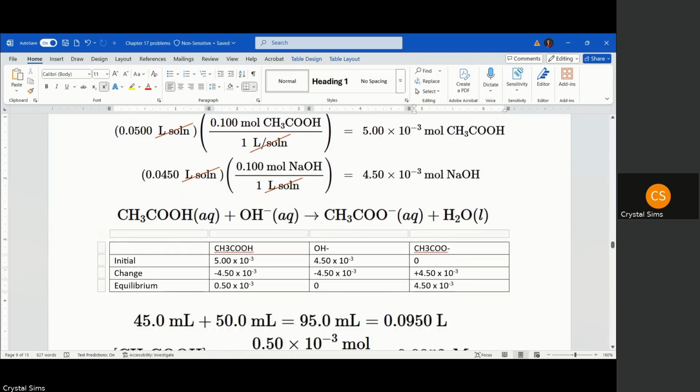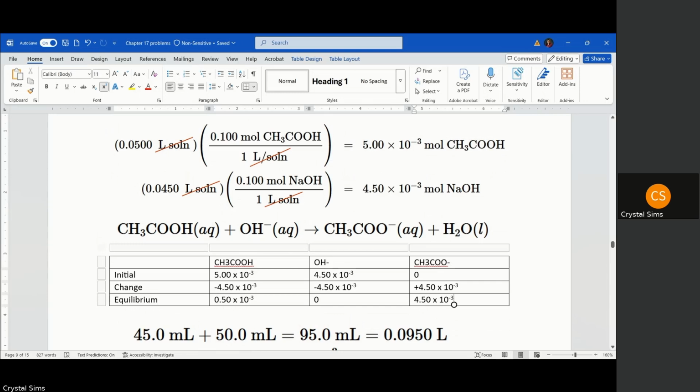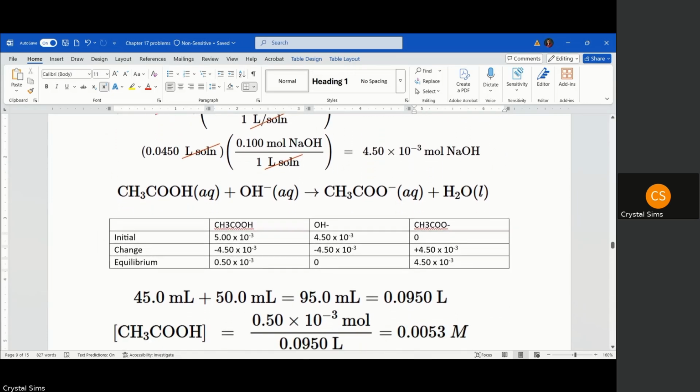We've changed the volume of our solution. We started out with 50 mL, we added 45 mL, so now we have 95 milliliters or 0.0950 liters.